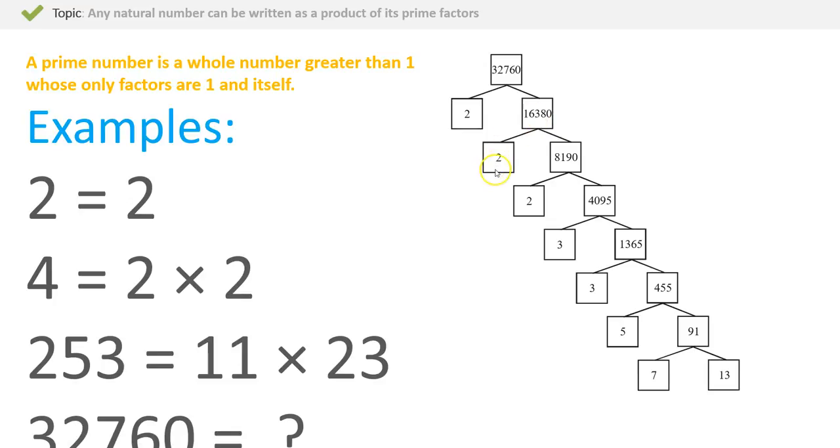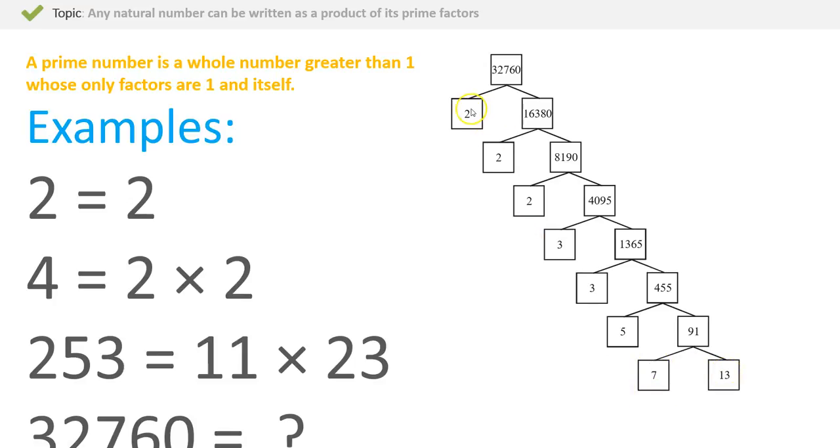You can further divide it by 2 to get 8190, which can be divided by 2 again to give 4095, which then gets divided by 3 and gives you 1365. Then you can divide it by 3 again and you get 455, which can be divided by 5 to give you 91, which can then be divided by 7 to give you 13.